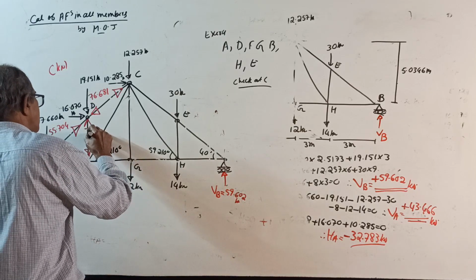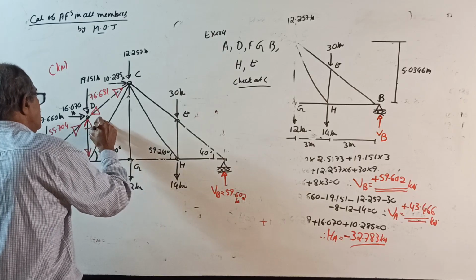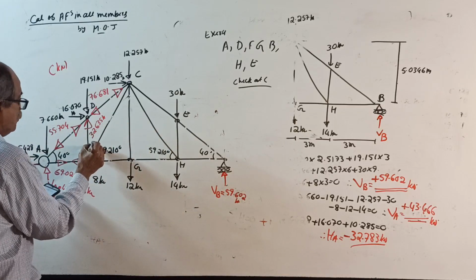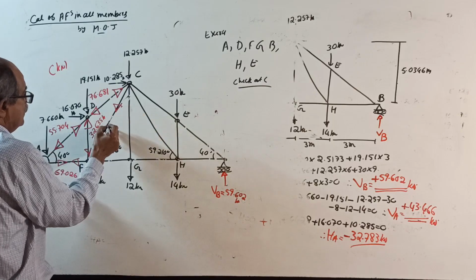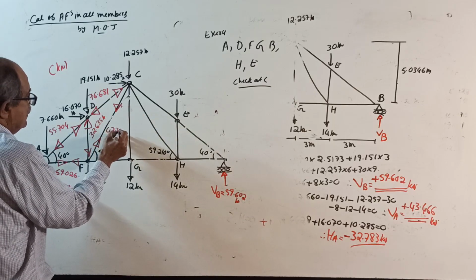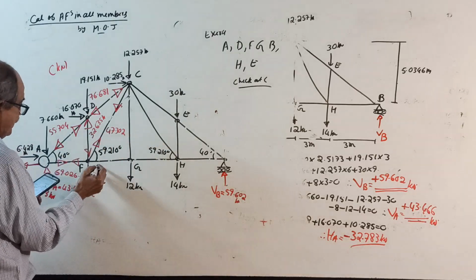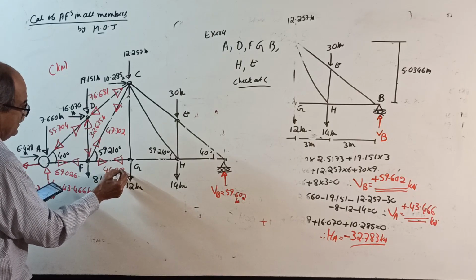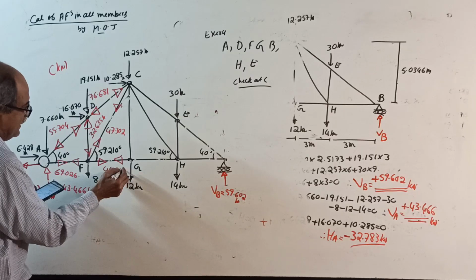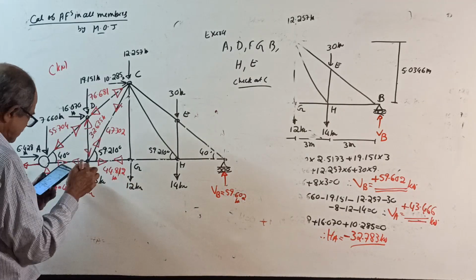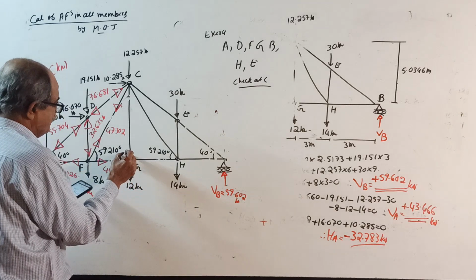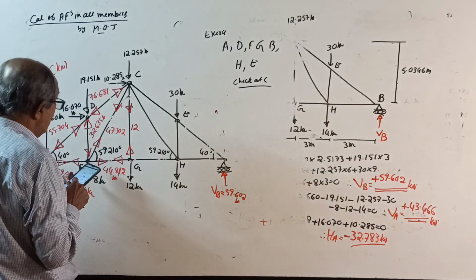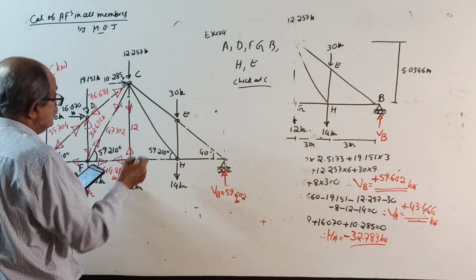Space is not there. 32.635 kilonewton. 47.302. 44.812. Actually, if I use a calculator, I can do faster. This copying takes more time. I am not used to this copying. 12. 92.724.